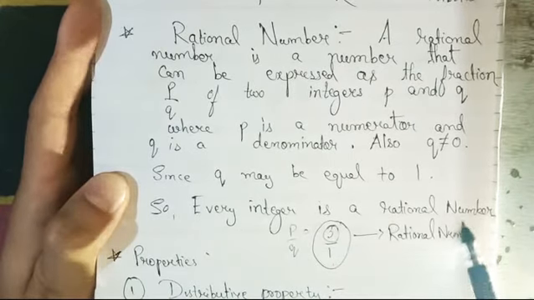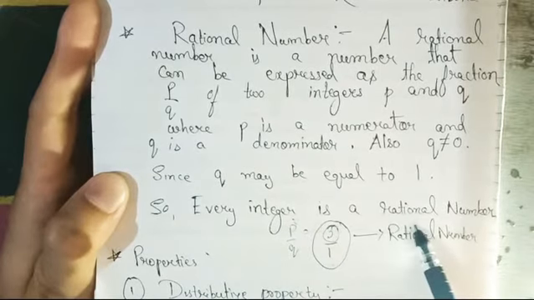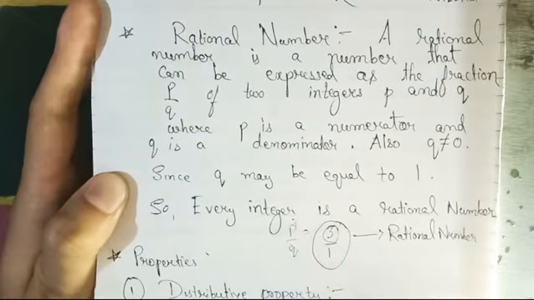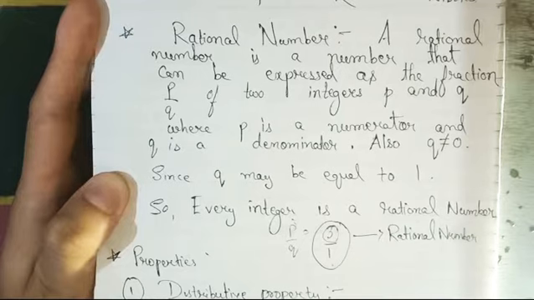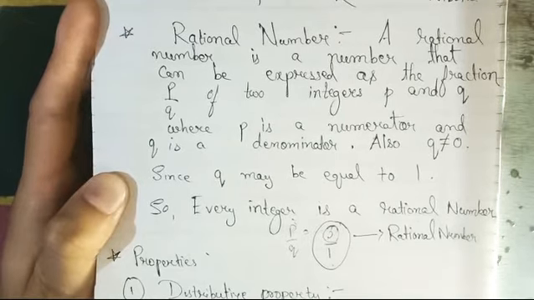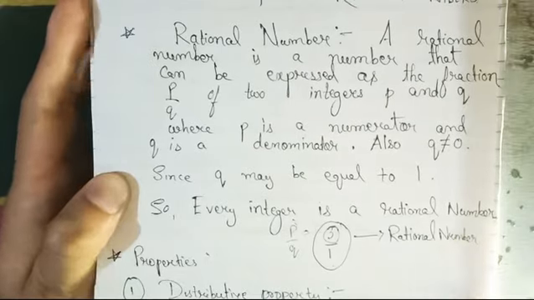So it implies that every integer is a rational number. Either 3 upon 1, 2 upon 1, 5 upon 1, 7 upon 1, or minus 2 upon 1, minus 5 upon 1, any integer can be called a rational number.